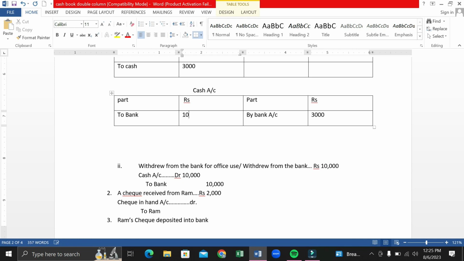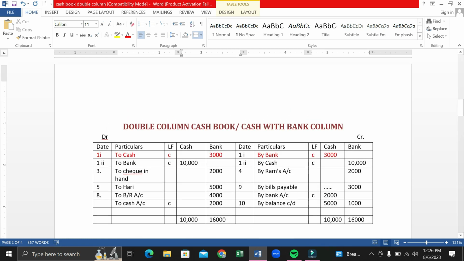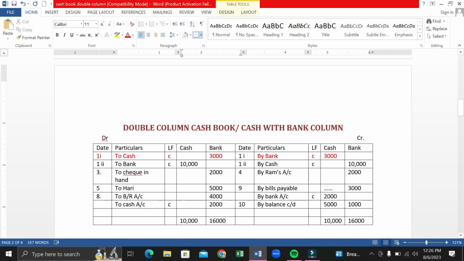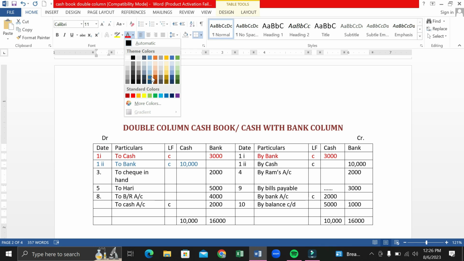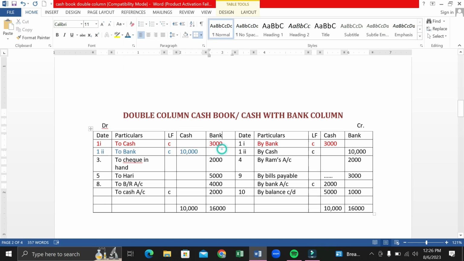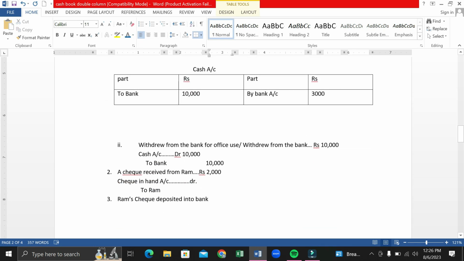and the value will be your 10,000. So what will be the effect on your cash book? We will write in the cash book, just see, to bank account and the amount will be transferred in a cash column. Same as it is, when we prepare a bank account, bank is credited, that's why in a bank account cash will also be credited with the same amount.